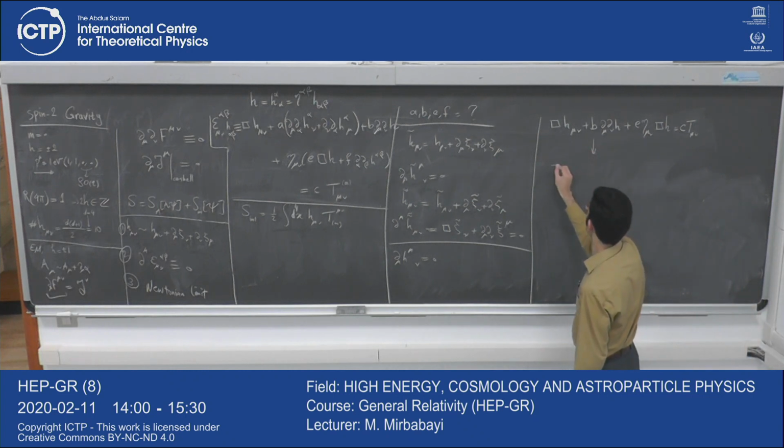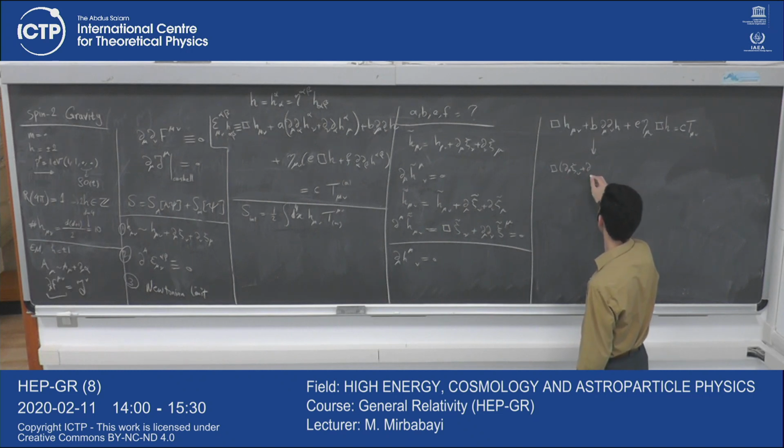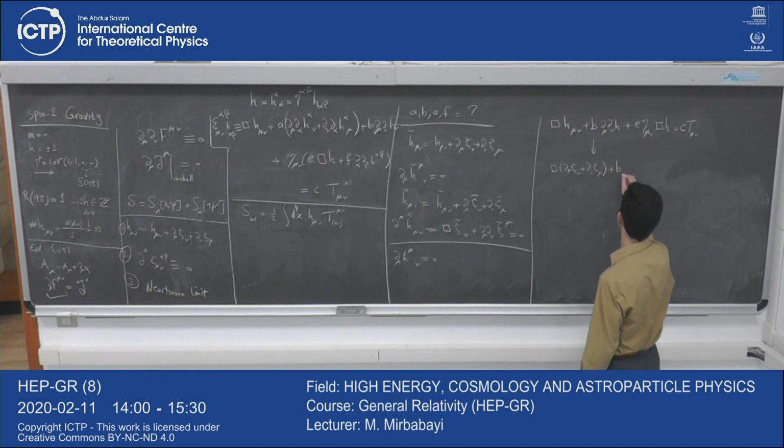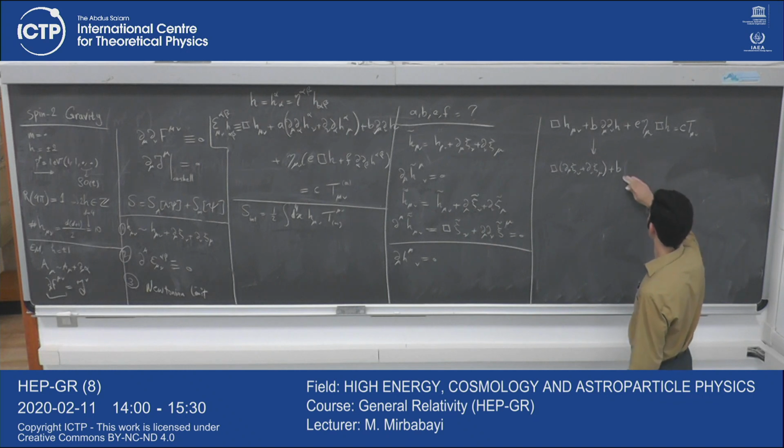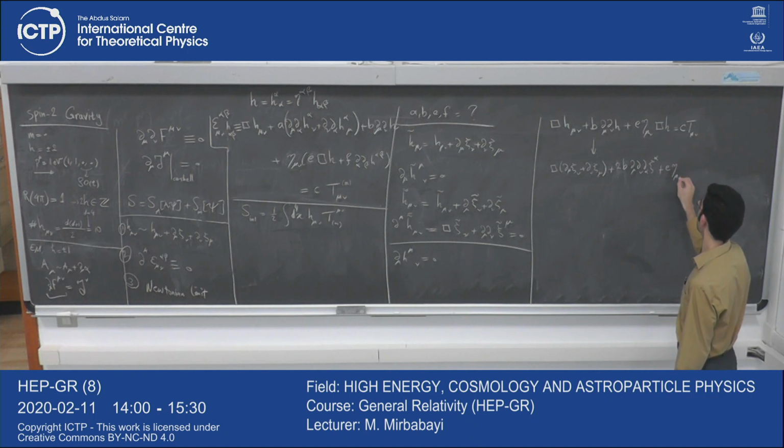So what it means is that box d mu xi mu plus d mu xi mu plus b twice b times d mu d alpha x alpha plus d eta mu nu, again twice e eta mu nu times box d alpha x alpha has to be 0.